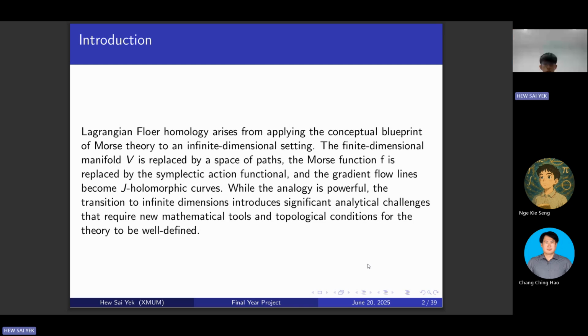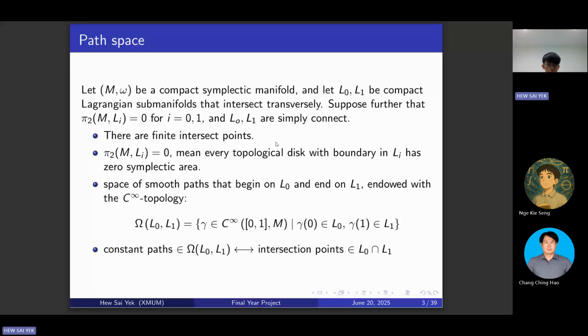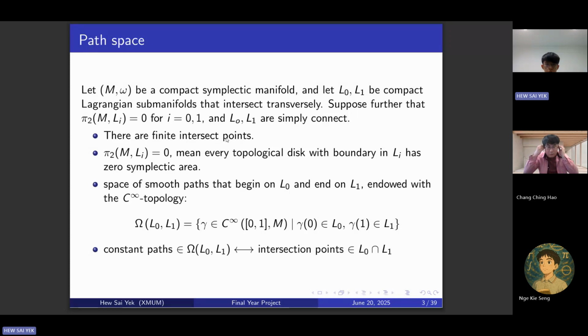We also assume L0 and L1 are simply connected. Due to compactness and transversal intersection, there are finitely many intersection points of L0 and L1. And pi_2(M, Li) equals 0 means every topological disk with boundary in Li has 0 symplectic area.